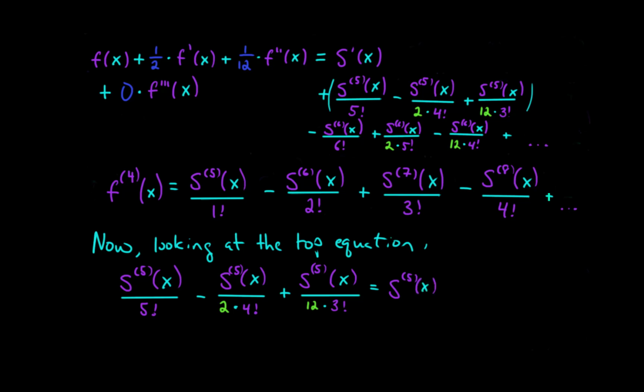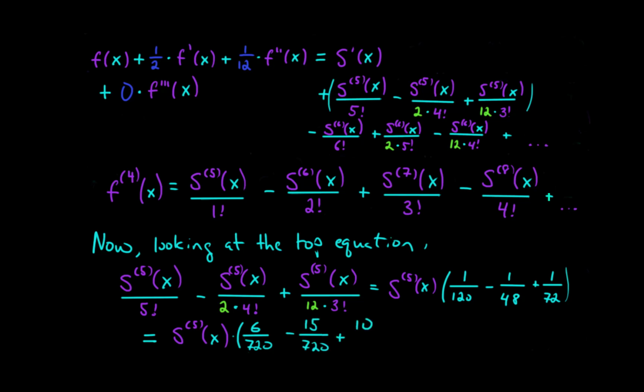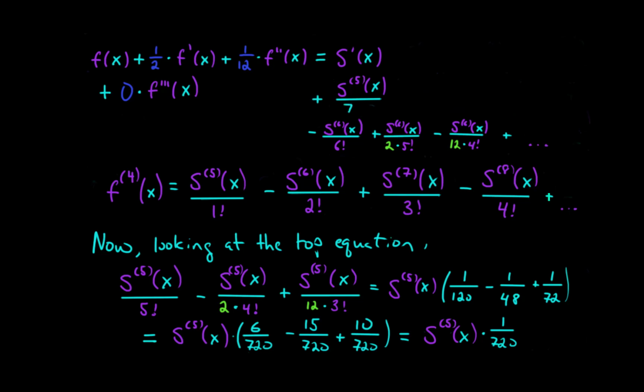The sum of these three terms together will equal s5 of x times, open parenthesis, 1 over 5 factorial. 5 factorial is 120, minus 1 over 2 times 4 factorial, so that's 1 over 48, plus 1 over 12 times 3 factorial, that's 1 over 72. The common denominator here is 720, so this will equal s5 of x times, open parenthesis, 6 over 720 minus 15 over 720 plus 10 over 720, which equals s5 of x times 1 over 720. So we can simplify that s5 term in the top equation. That's just going to equal plus s5 of x over 720.